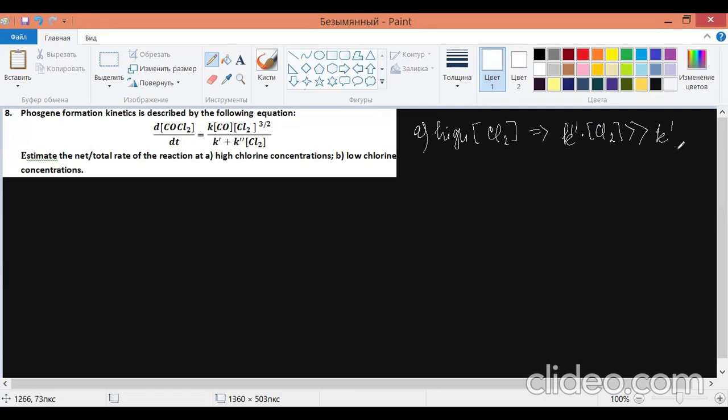For that reason, we can neglect K prime, and the whole kinetic equation can be rewritten this way.